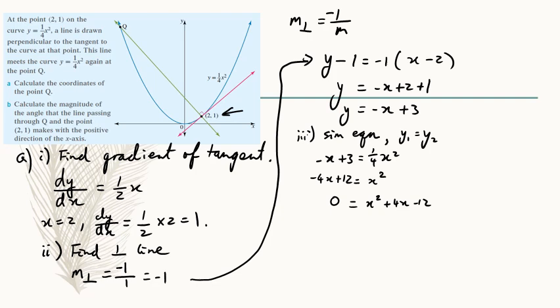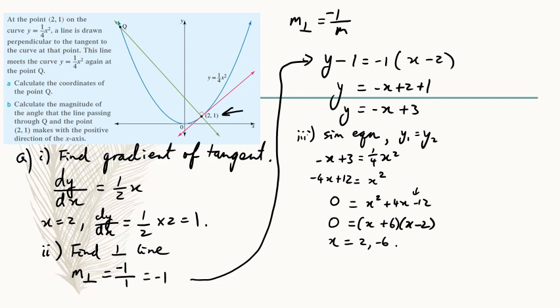The ones where this will give us a plus 4 in the middle would be a 6 and a 2, and it has to be a difference because there's a negative right there. So that's (x plus 6)(x minus 2). So then x is either equal to 2 or -6.